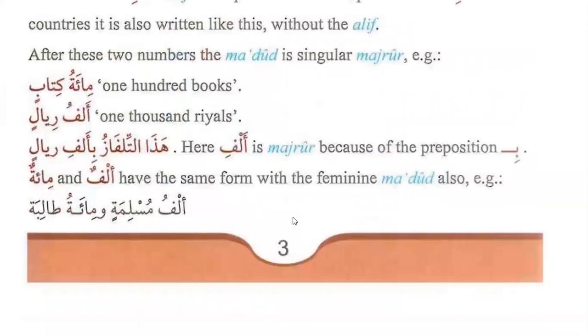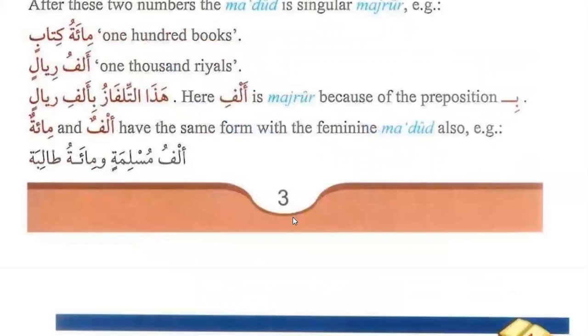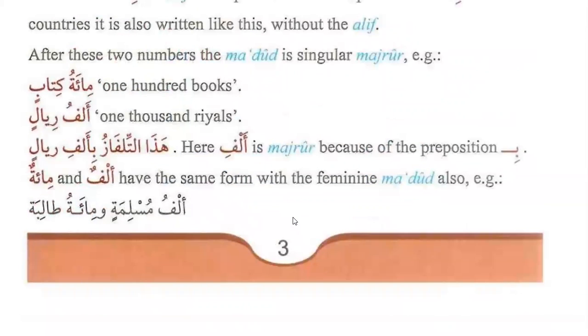Okay, you have learned the rules of counting. In 1 and 2, the madud is na't and manút. From 3 to 10, what is the madud? Anyone can tell me? Mudaf ilayhi. Yes, from 3 to 10, the madud is mudaf ilayhi, which means it will be majroor, jam' majroor.